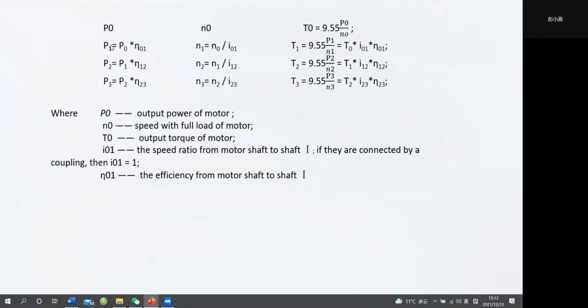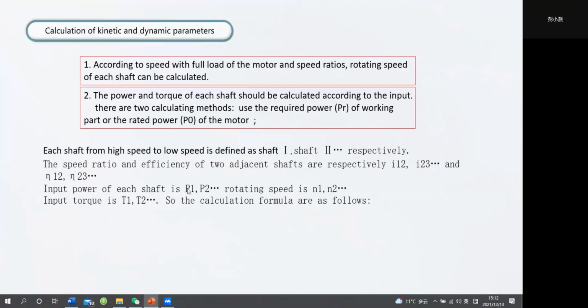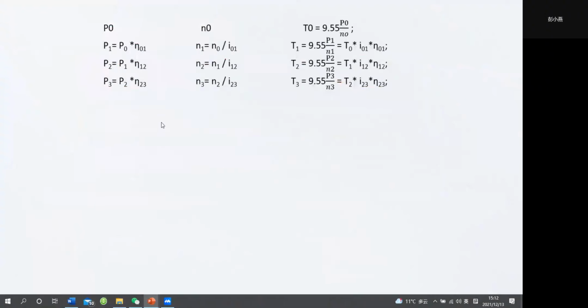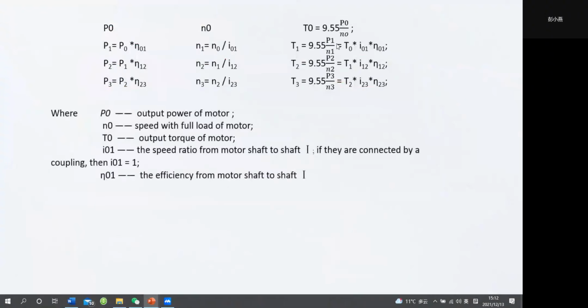Okay, and P1 is the input power for shaft 1. I01 is the speed ratio from the motor shaft to shaft 1, and this is the efficiency from the motor shaft to shaft 1.